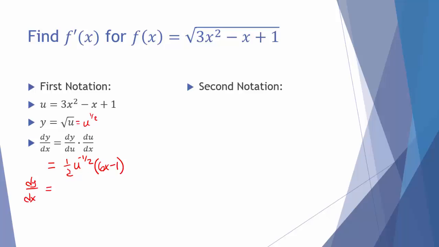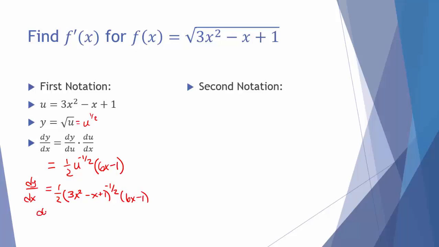The problem is I still have u's here. So what I need to do is put u back in terms of x. So I would have 1/2 times, instead of u, 3x squared minus x plus 1, that's still raised to the negative 1/2, times 6x minus 1.